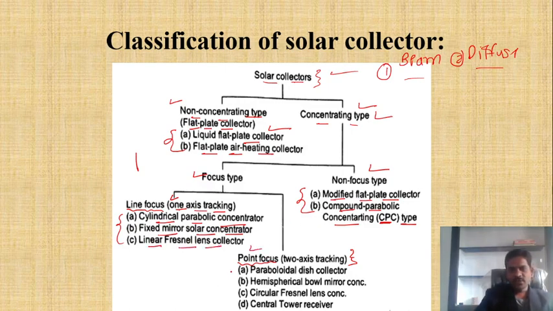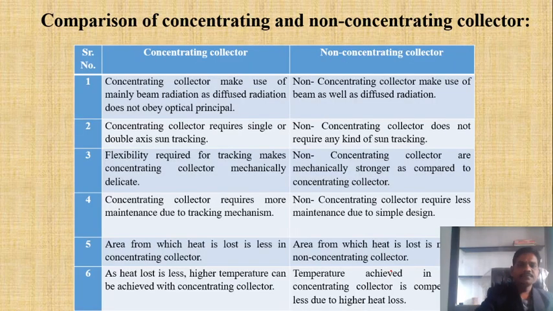Point focus has four types: parabolic dish, hemispherical bowl mirror concentrator collectors, circular Fresnel lens concentrator collectors and central tower receivers. If you observe these classifications, the concentric solar collector and non-concentric solar collector will be discussed after the end of these two lectures, guys.